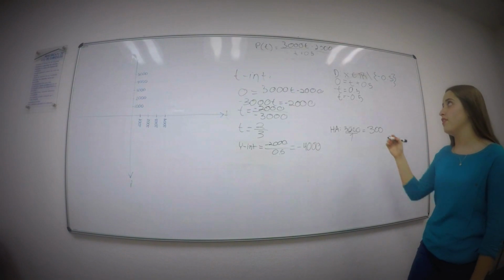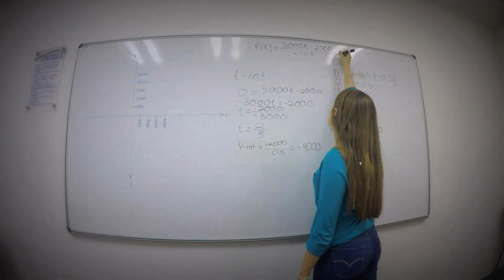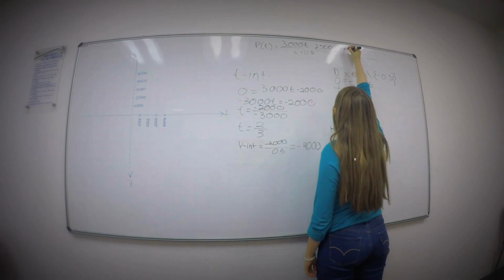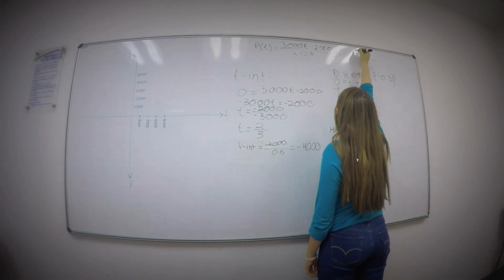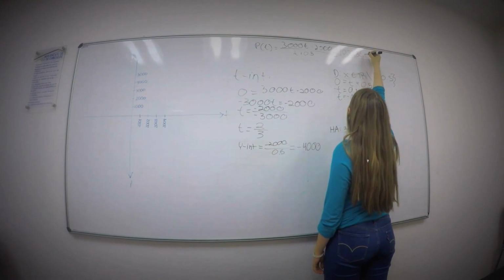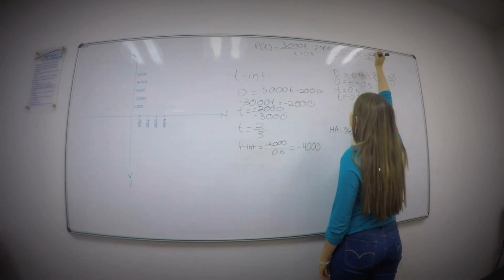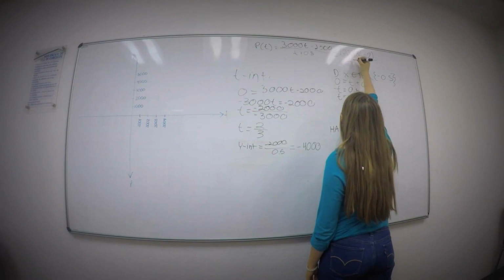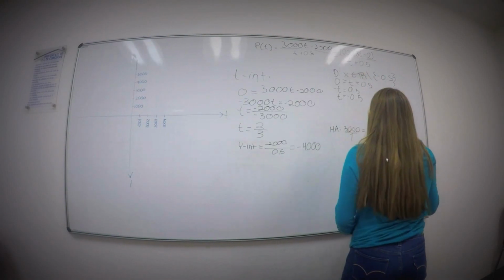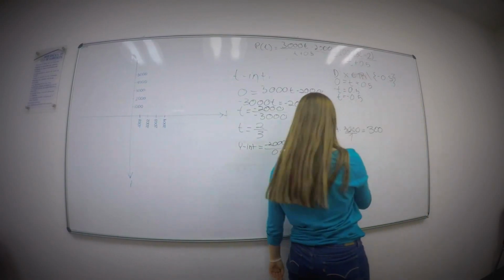Now we're going to factorize this first, which gives us 1000 times (3t minus 2) over (t plus 0.5). This will help us get our vertical asymptote.